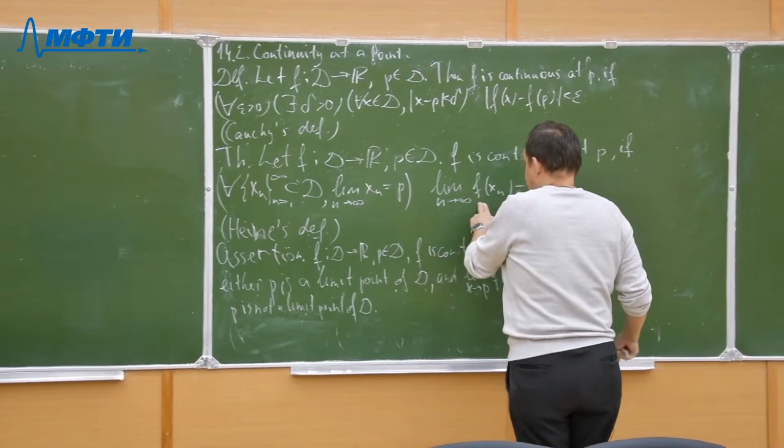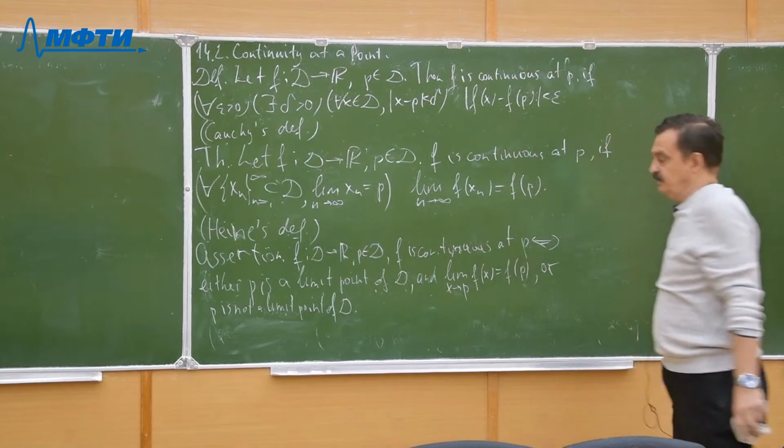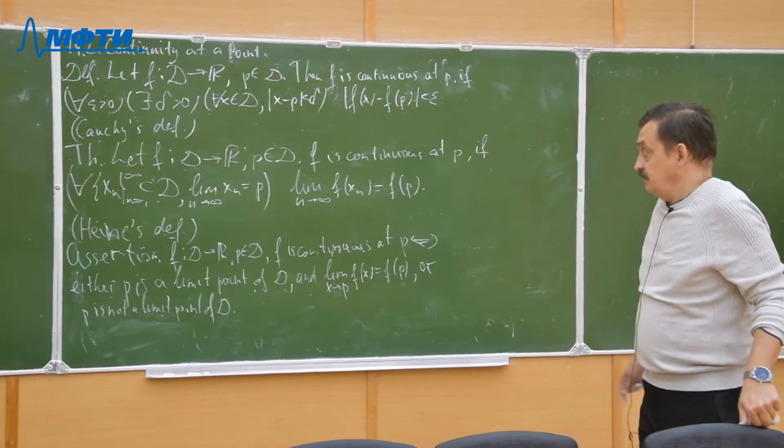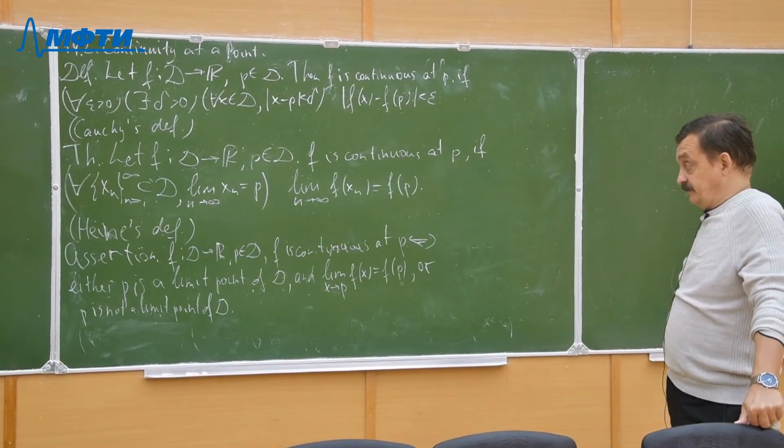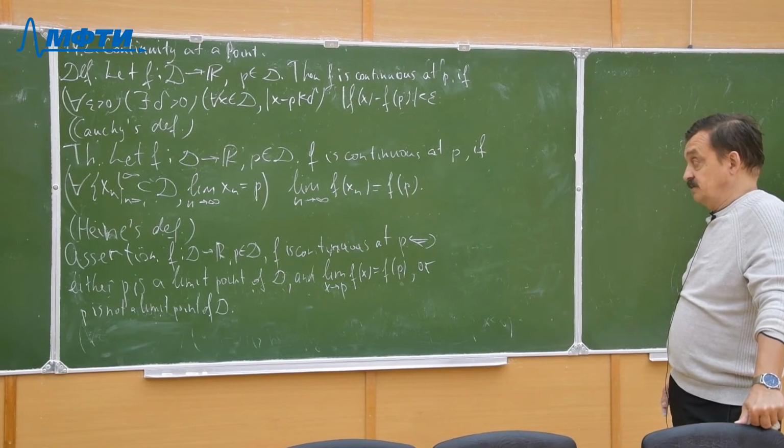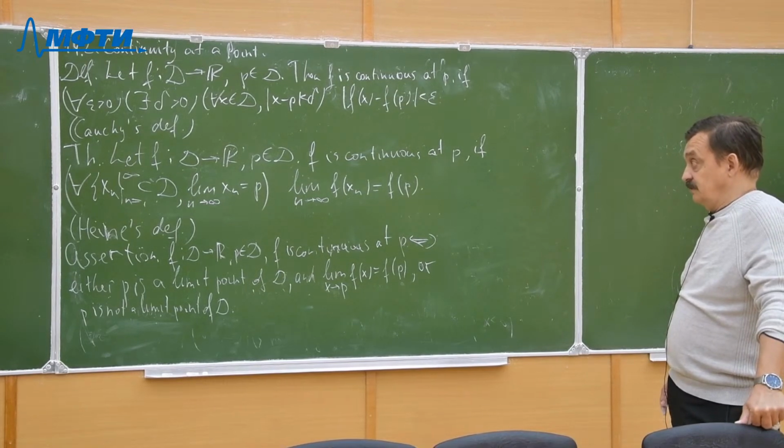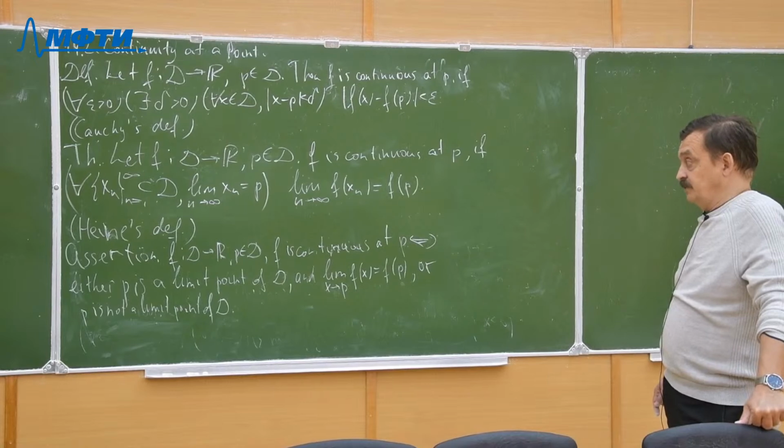And of course, the limit of such a sequence is f(p), if x_n equals p for arbitrary n. So that is how we can prove that theorem.